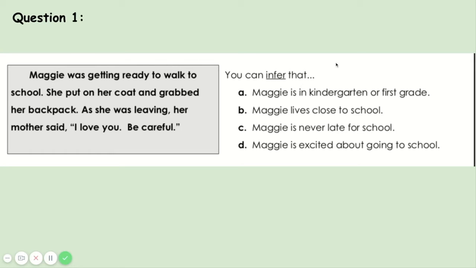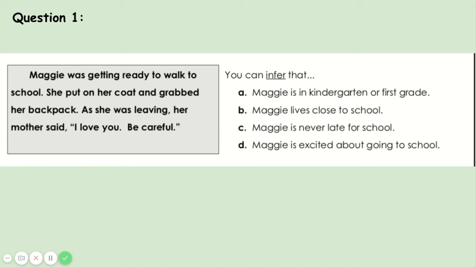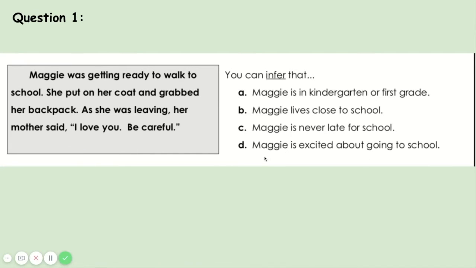It's a very small passage, but for option A, Maggie is in kindergarten or 1st grade, the clues from the text don't give us any idea of that. For C, Maggie is never late for school, the text doesn't give us any clues about being late. And for D, Maggie is excited about going to school, the text again doesn't give us any clues that point to her being excited.